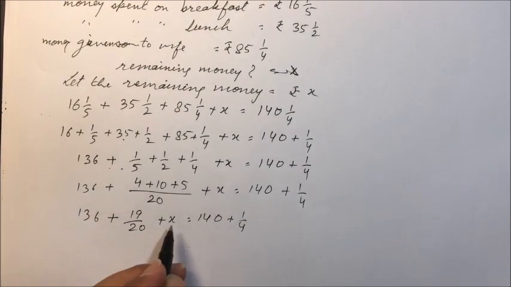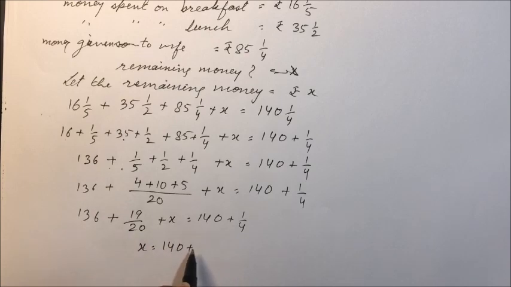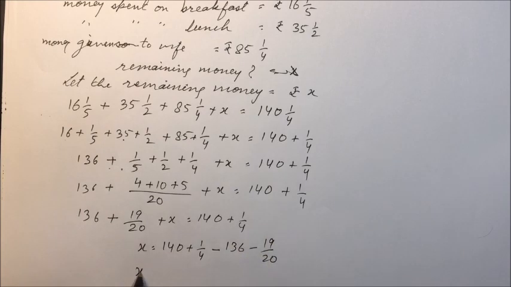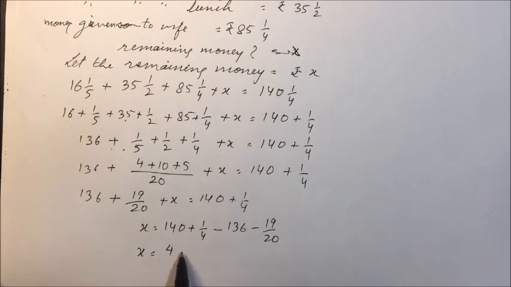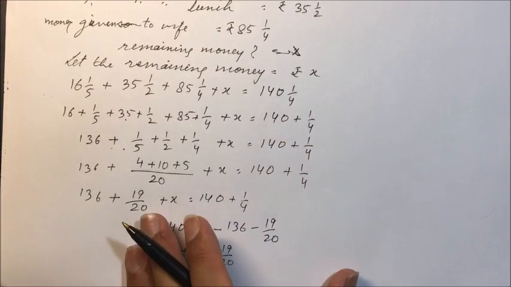Now we can take these two on RHS. X equal to 140 plus 1 upon 4 minus 136 minus 19 upon 20. X equal to 140 minus 136, it will be 4 plus 1 upon 4 minus 19 upon 20, or we can write 4 1 by 4 minus 19 upon 20.